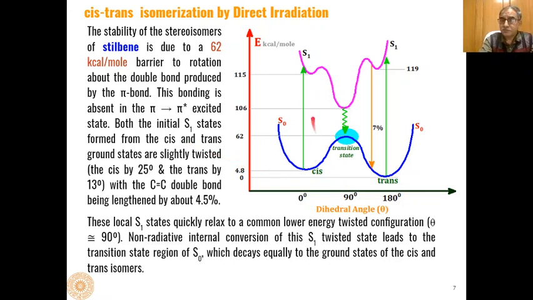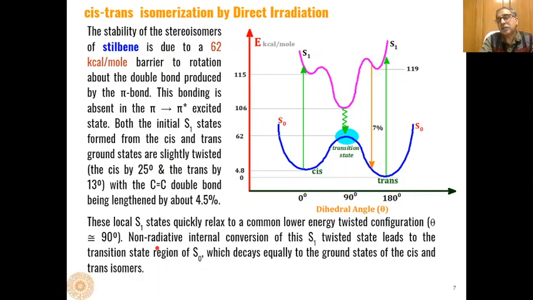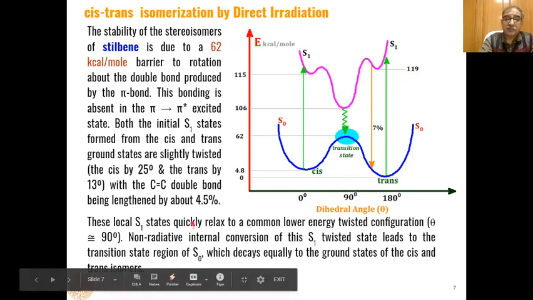And if you see, when the angle is 90 degrees, this type of transition state comes into place, and this bonding is absent in the pi-star excited state. So through rotation of the carbon-carbon double bond in the excited state, the bond length of the double bond will increase by about 4.5%.